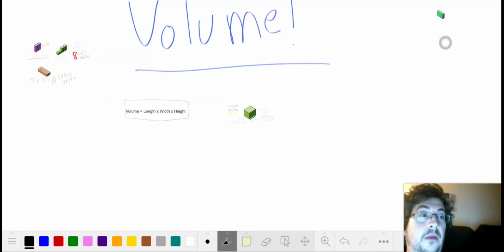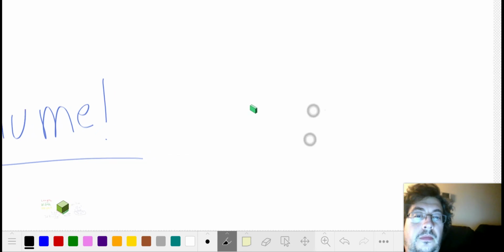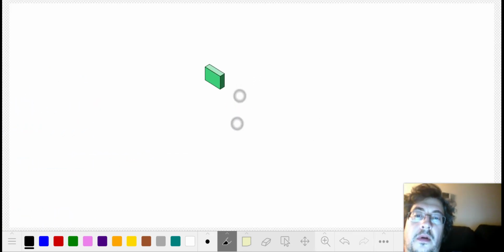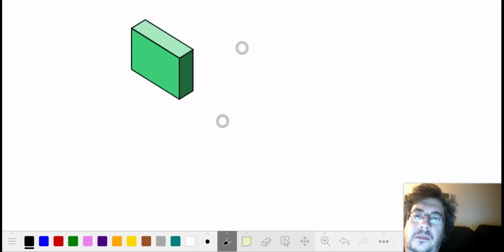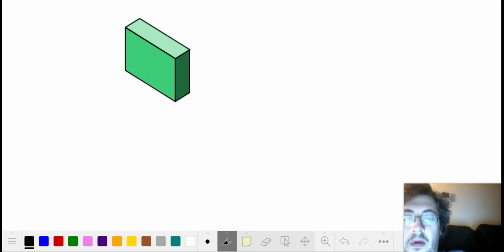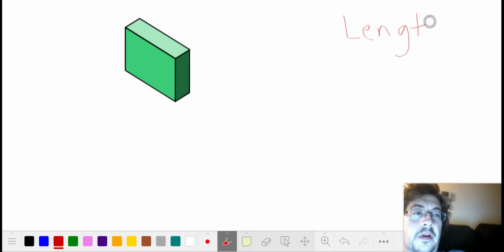So let's take a look at one more example here. And I put this lighter green rectangular prism up on the top of my screen. Okay, so let's figure out where we're going to put the length. I'm going to choose to say the length of this rectangular prism is right here.